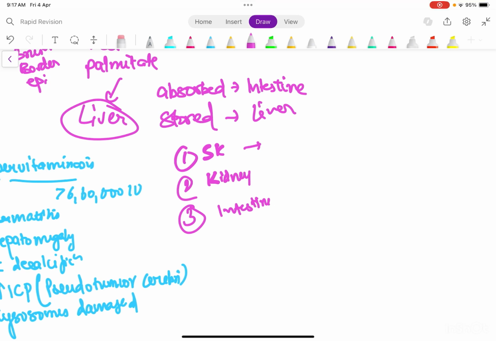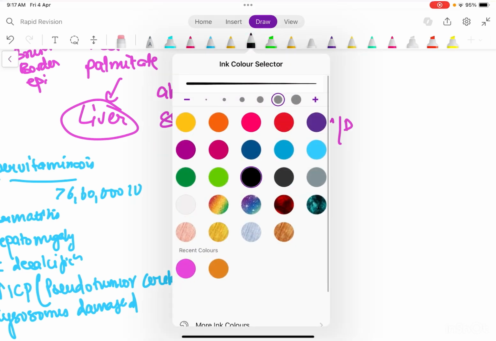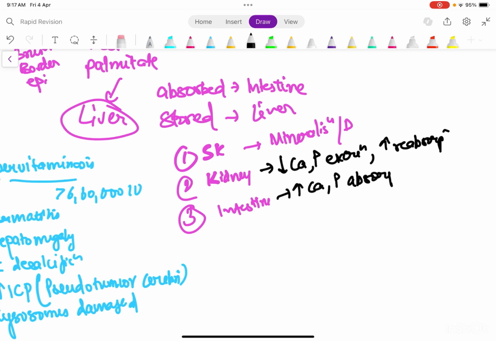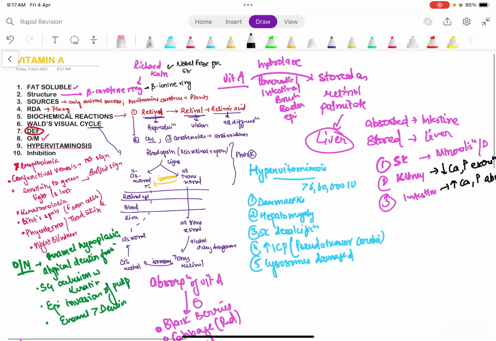So in skeletal, basically mineralization and demineralization. Then in kidney, basically decreases the calcium and phosphate excretion and increases the reabsorption, and here also increases the calcium and phosphate absorption. So this is about vitamin A.